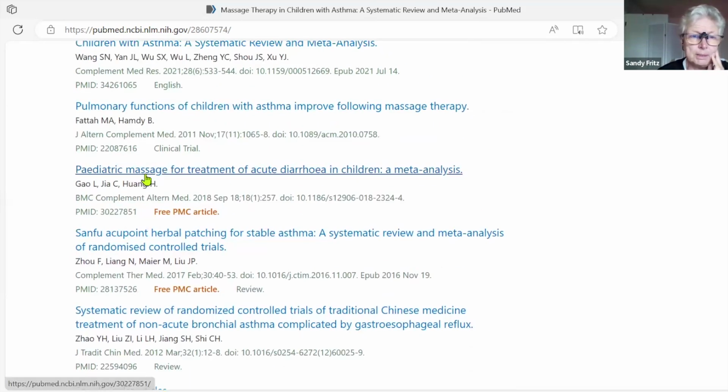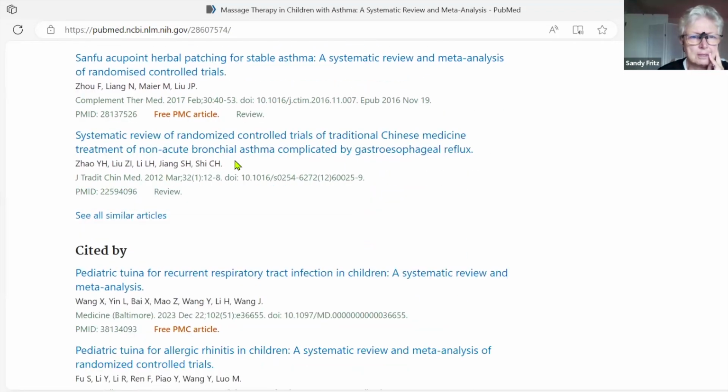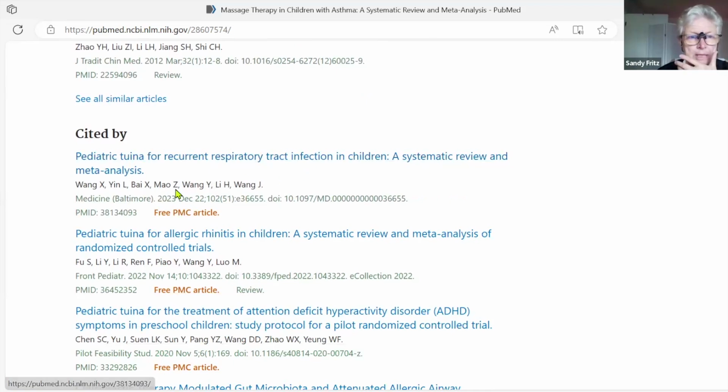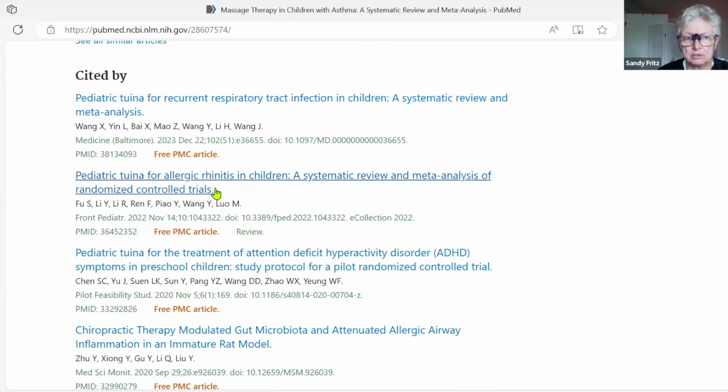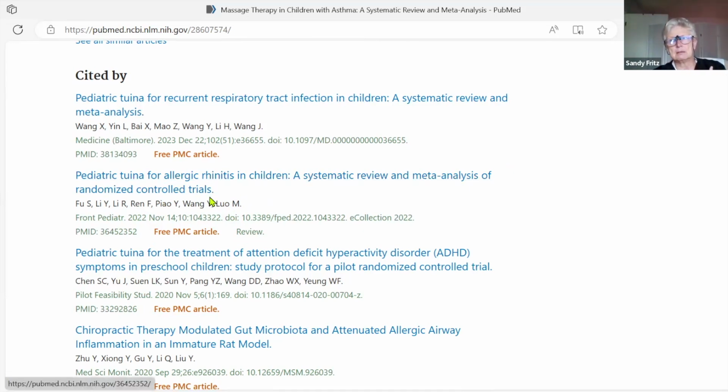Here's another: pediatric massage for treatment of acute diarrhea in children, a meta-analysis. But if it's being used to support a position in a quality article, even though it is not taking you right to an article that is in the same vein, massage and stress management, the authors are still seeing that there is relevance in that content.